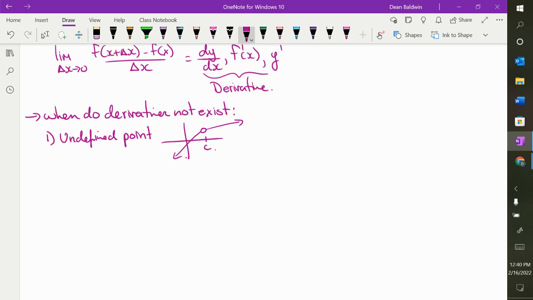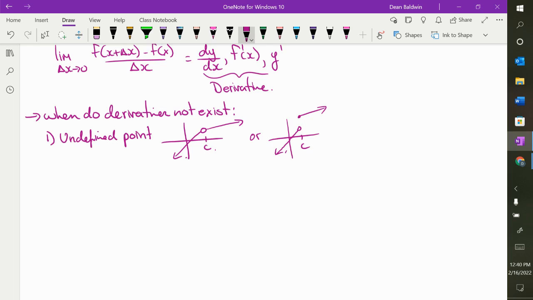What would be another one? If the limit like jumps. That's okay. So that would be okay. You're right. That'd be the same type of thing. So I could say this is still an undefined point. Like that. You can't do a derivative at C for that one either.